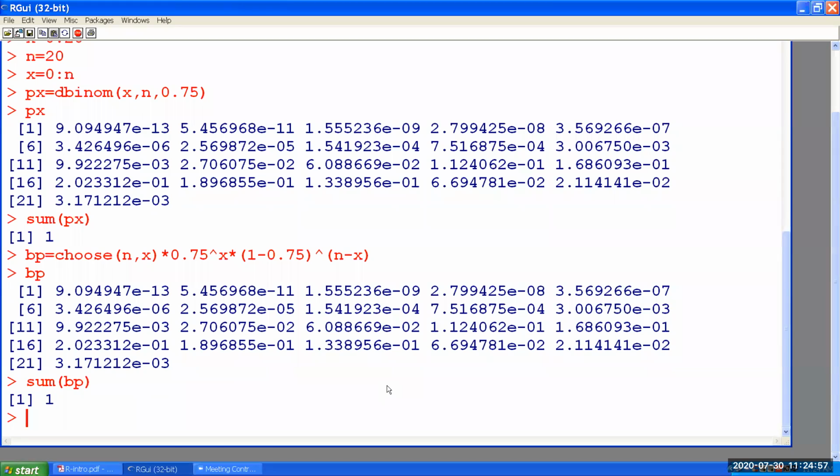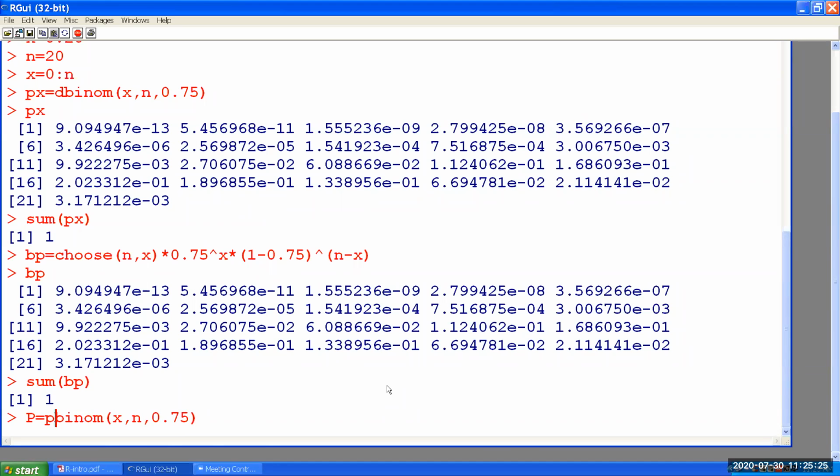Suppose we would like to find what is called the cumulative distribution function, that means capital F or capital P. Here you have to give pbinom.